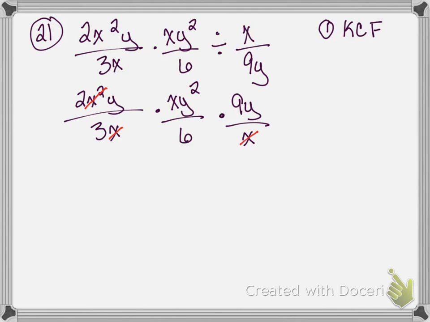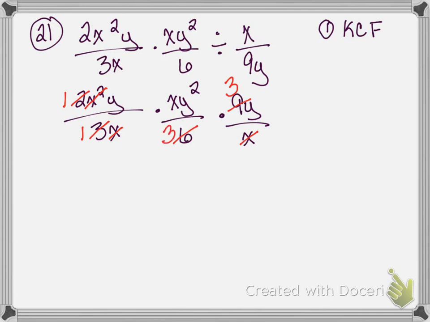Okay? Now, my 3 becomes a 1 and my 9 becomes a 3. I'm going to do my 2 and my 6 now. My 2 becomes a 1 because 2 goes into 2 one time, and 2 goes into 6 3 times.